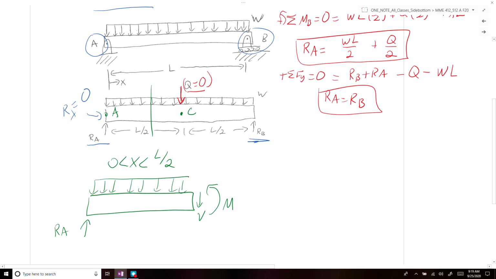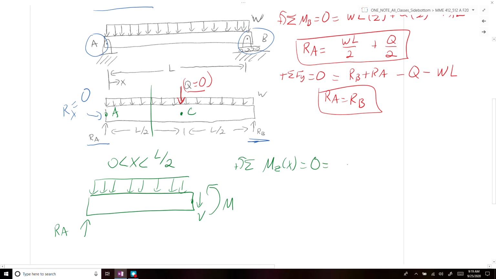So if we sum all of our moments about the section cut, it would be equal to 0.